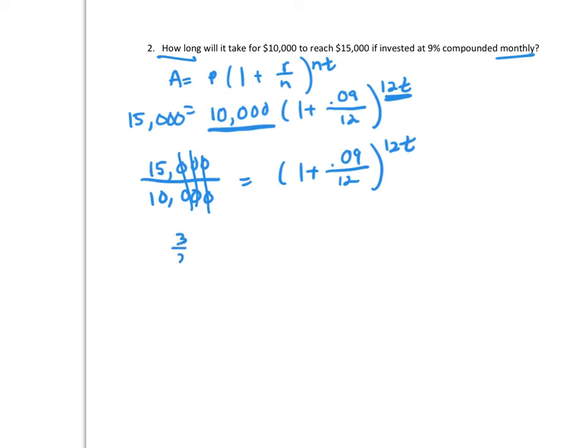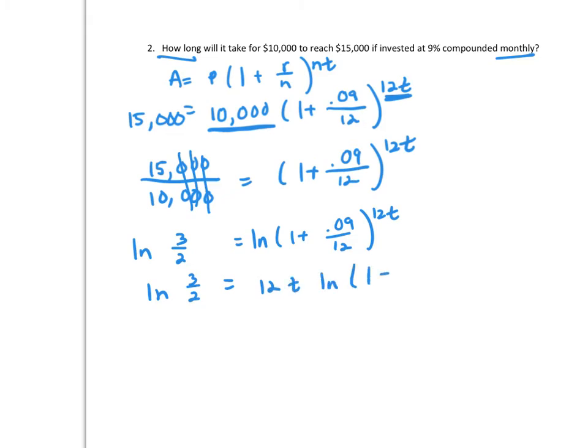That's 3 halves equals 1 plus 0.09 over 12 to the 12t. And now take the ln of both sides. And that's ln of 3 halves equals 12t times ln of 1 plus 0.09 over 12.